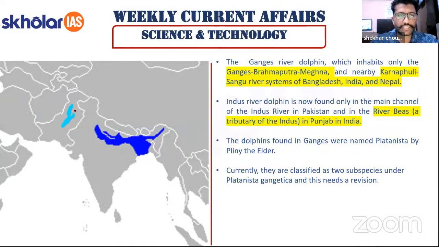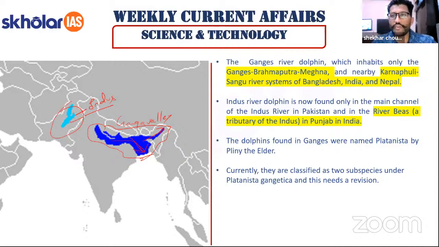So this is the area where these dolphins are found. The Indus dolphin is found over here, that is a part of Pakistan, and the Gangetic dolphin is found in the whole Ganga Valley, and also towards Assam in the Brahmaputra Valley, and towards the lower part of the Gangetic plains, that is Bengal and Bangladesh.